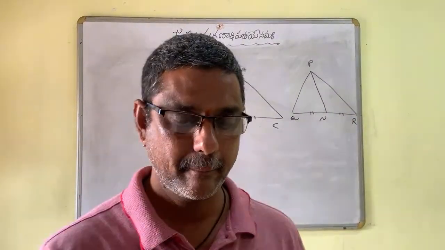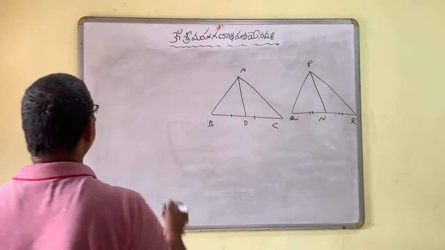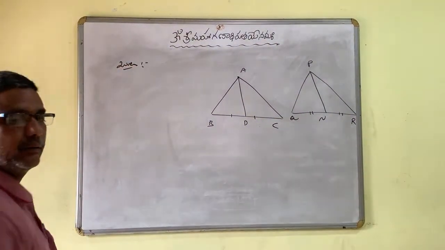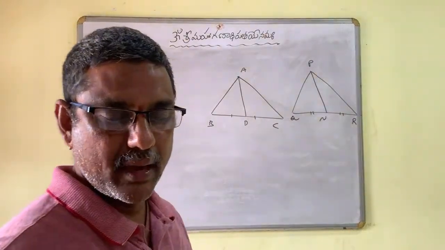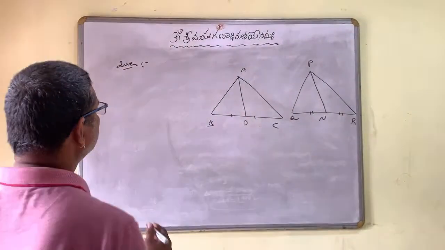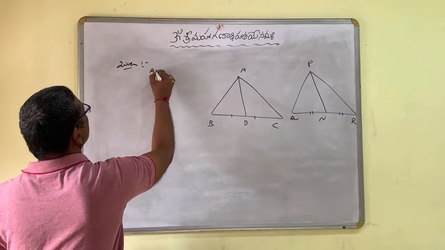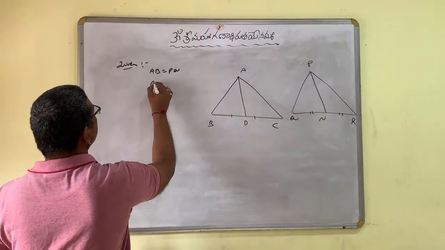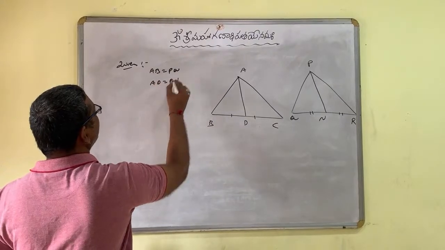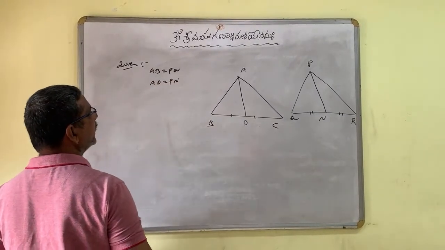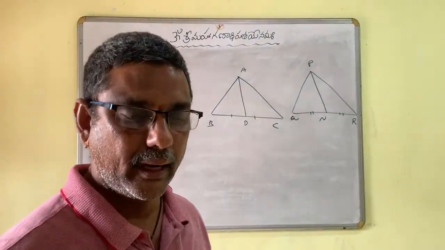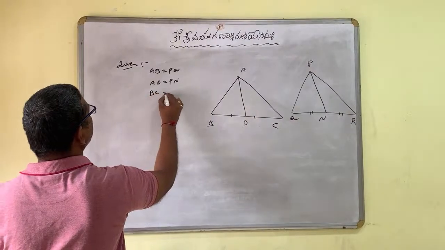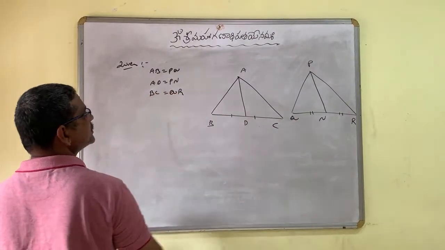Okay, children. So what is given? AB is equal to PQ. AM is equal to PN and BC is equal to QR. This is given.